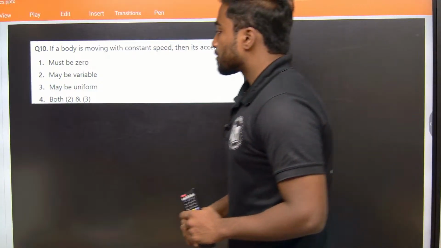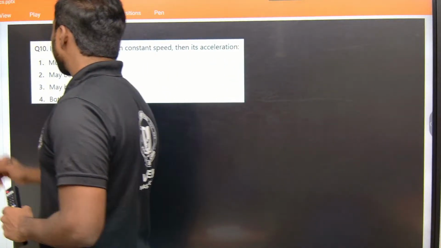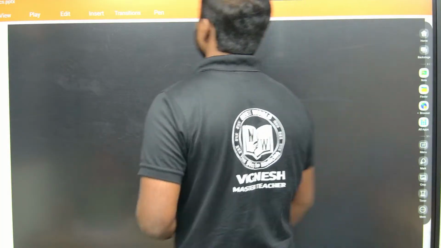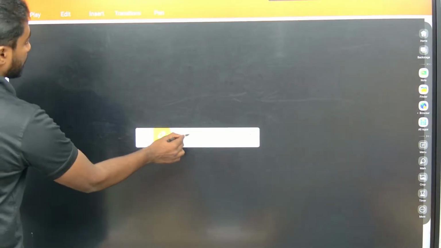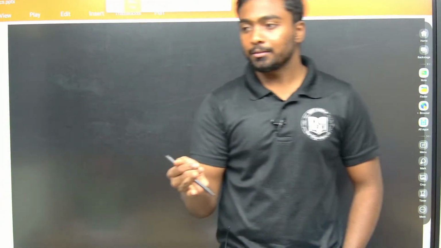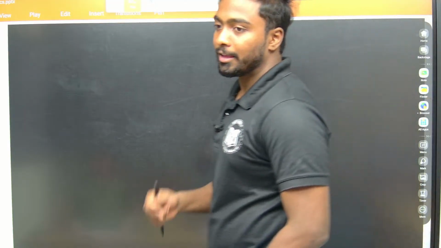Okay. So the next topic what we are going to see is, so till now we have discussed about the velocity, acceleration and distance, displacement, everything. Now the thing is kinematic equations.